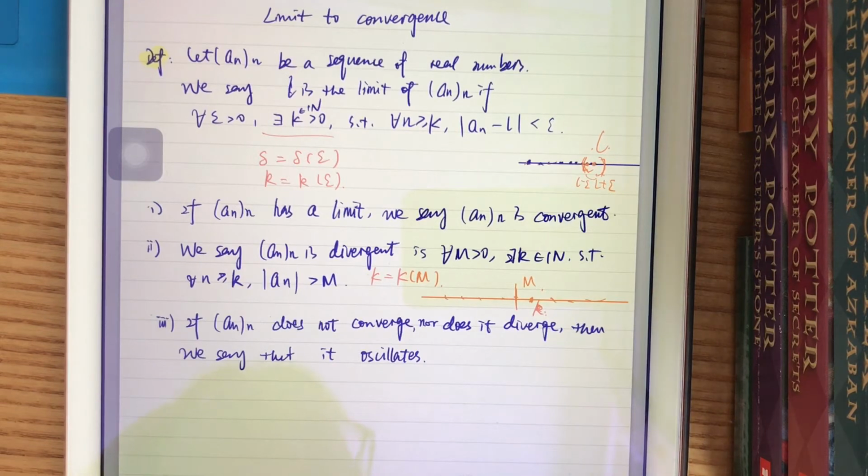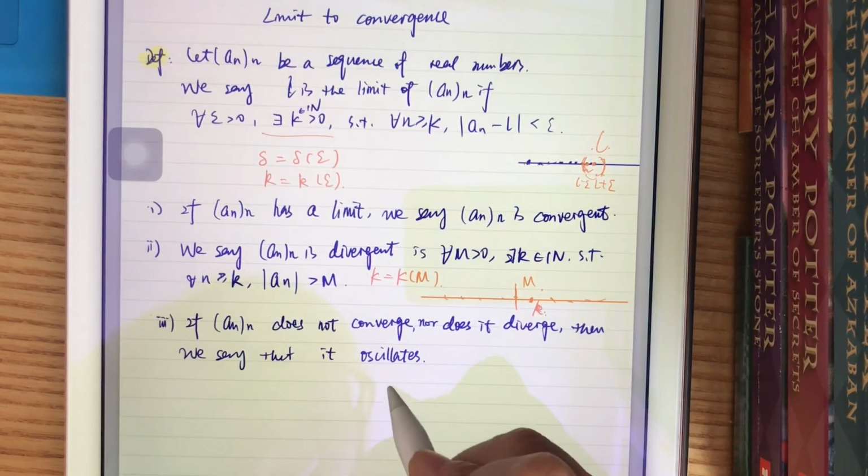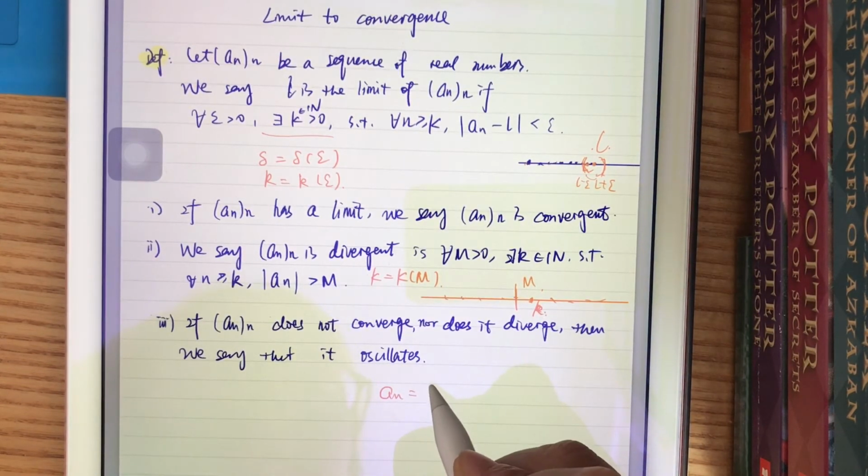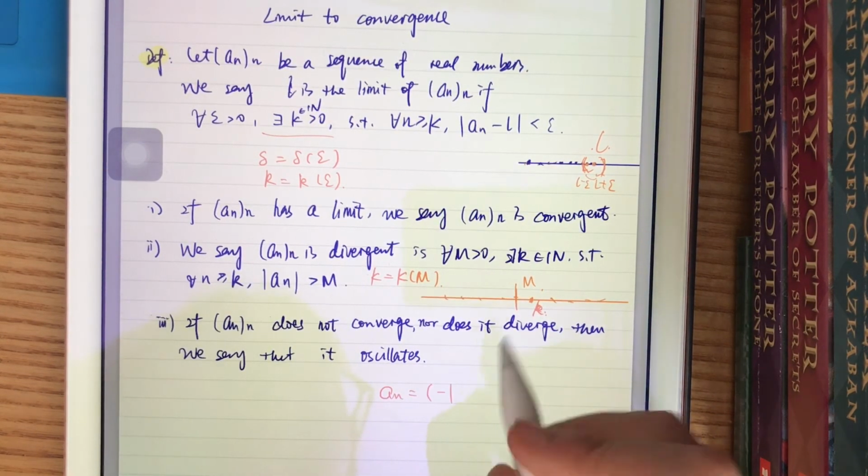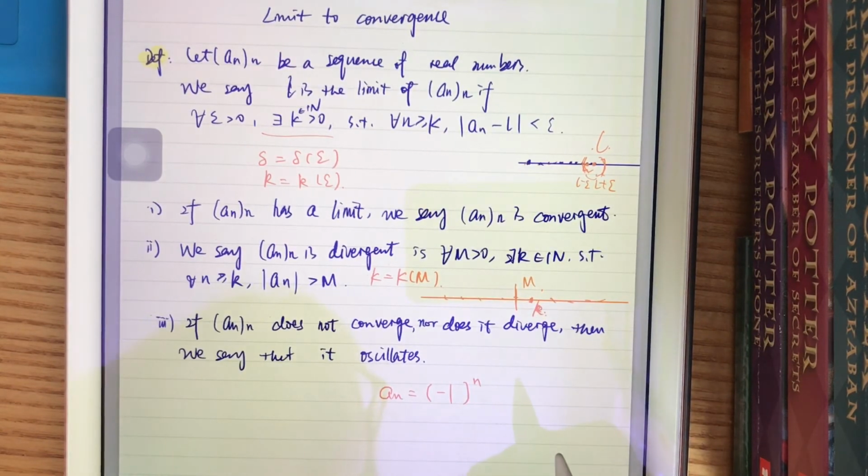It's not that however large the number you choose, all the rest of the terms in the sequence are larger than that number. Say a_n is (-1) to the nth power.